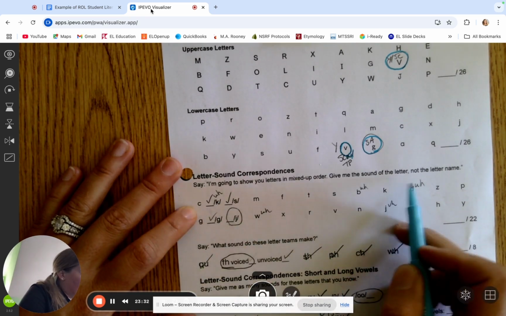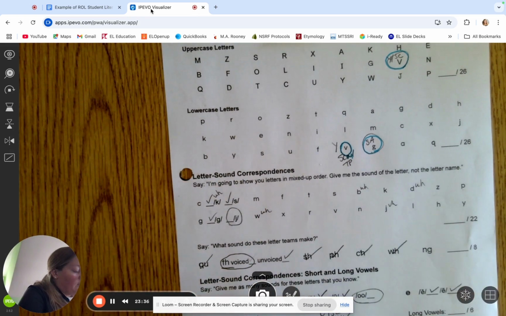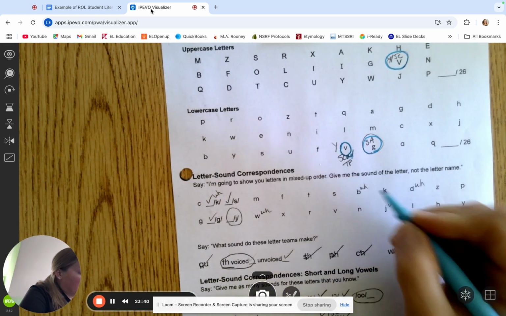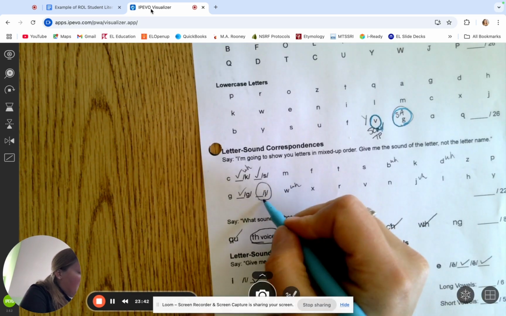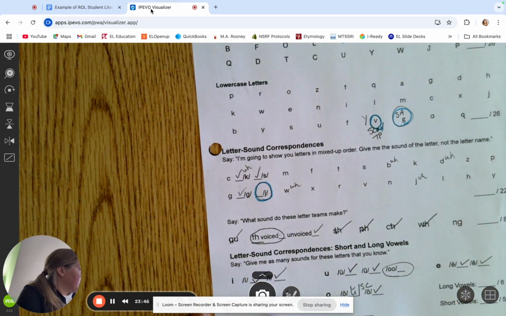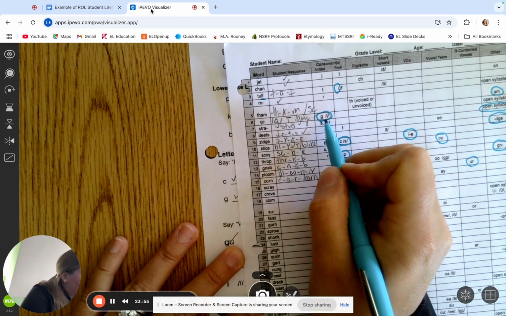So this is me adding that. He said the sound, but he still said ba. So when working with the student, I would just correct him and say ba and teach him to clip those sounds. Did not know the soft sound of G, which matched the decoding assessment that was given to him, where he was not able to, look at this, the GI, it showed up there.